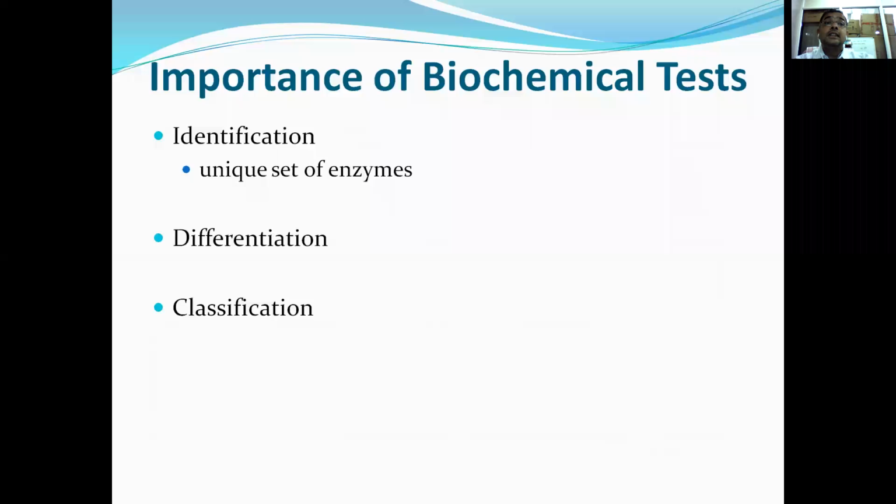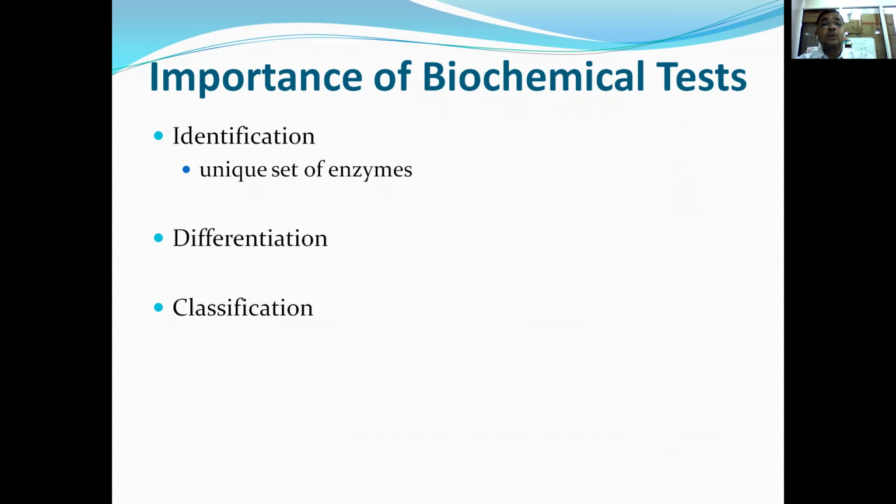And last is classification. It also helps in the classification of unknown bacteria, or the isolate that we have isolated from the field sample. So this is the importance of biochemical tests in microbiological study.